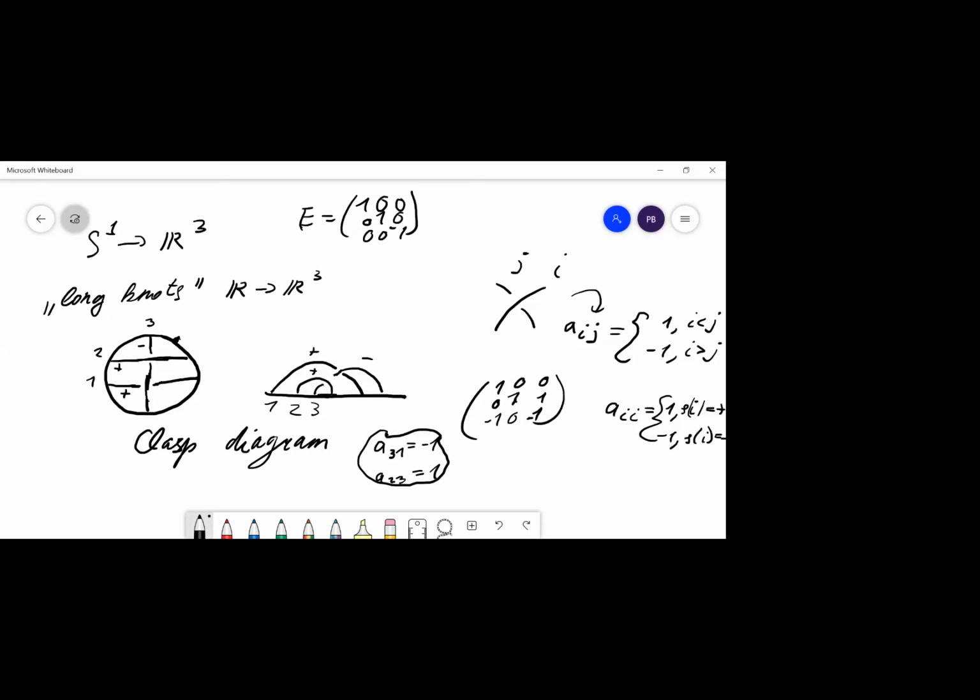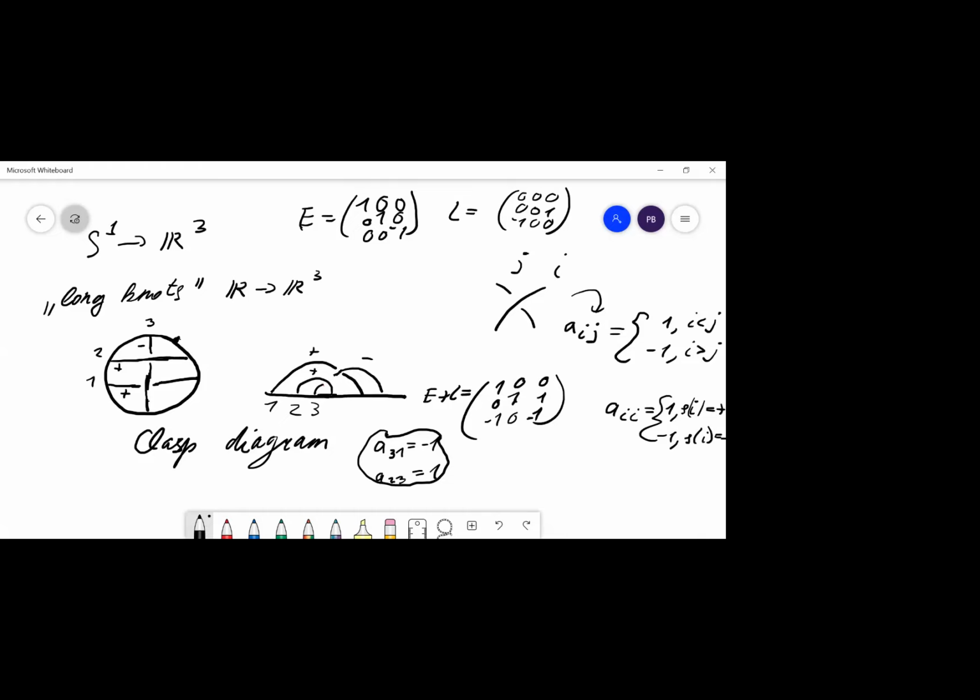And L is a matrix obtained by applying this rule. So in our case, this is E plus L, and that's an encoding of our chord diagram.